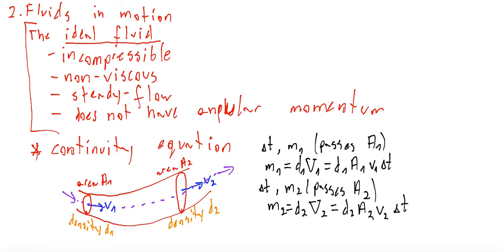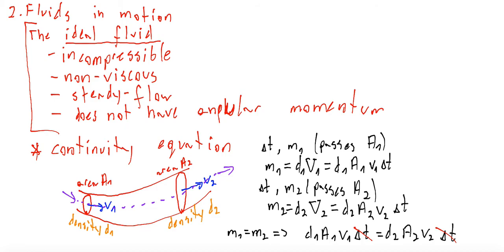Due to the law of conservation of mass, we can write that m1 is equal to m2, which can be written as density 1 times area 1 times v1 times delta t is equal to density 2 times A2 times v2 times delta t. We can cross out delta t, because we've taken the same time this fluid flows.